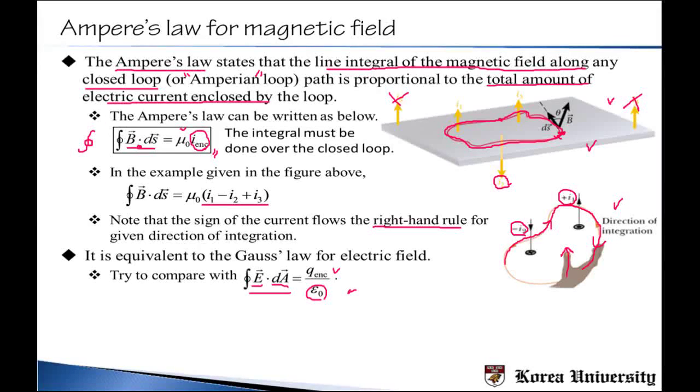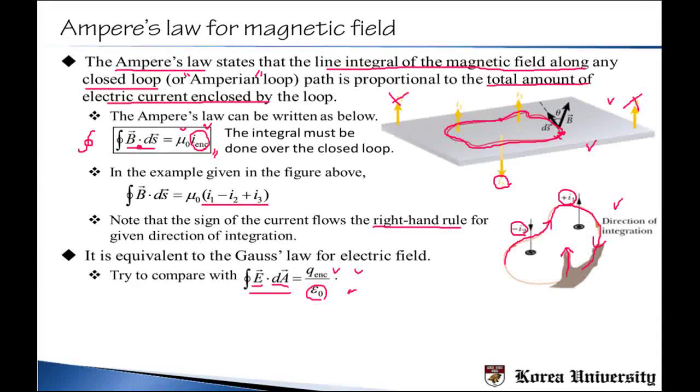But in the case of current, since the current has to go around the loop by itself, you cannot really enclose the current by a closed surface. So that is why in the case of Ampere's law, you have to think about a closed loop instead of a closed surface. And what matters for the magnetic field is of course the current, while the electric field comes from the electric charges, right?